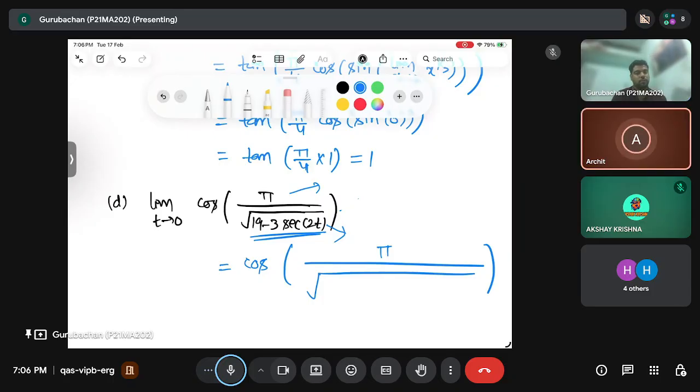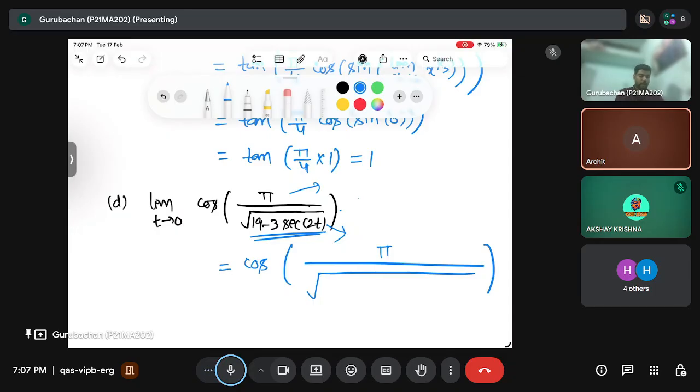No, sir. We cannot take the limit inside. Why? Sir, root x is not continuous at t equal to 0. Recall the definition of continuity. Sir, if the limit exists and the function is defined and both are equal.